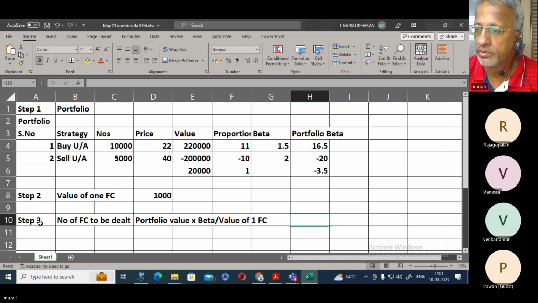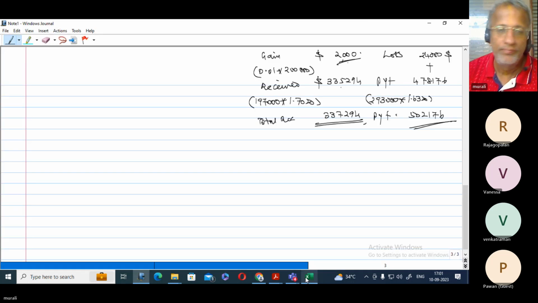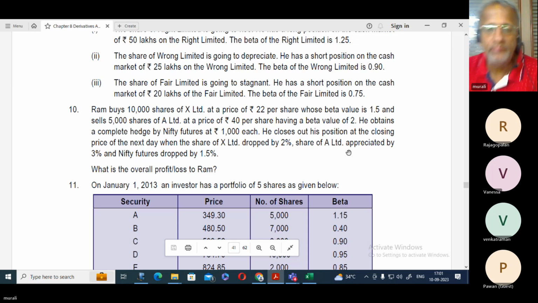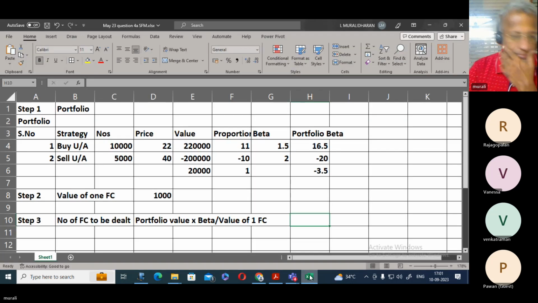Right. So 70 contracts it is coming out.